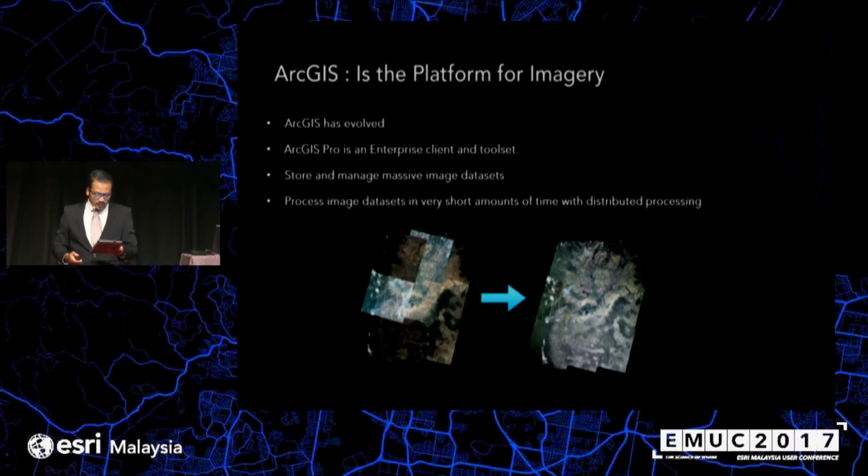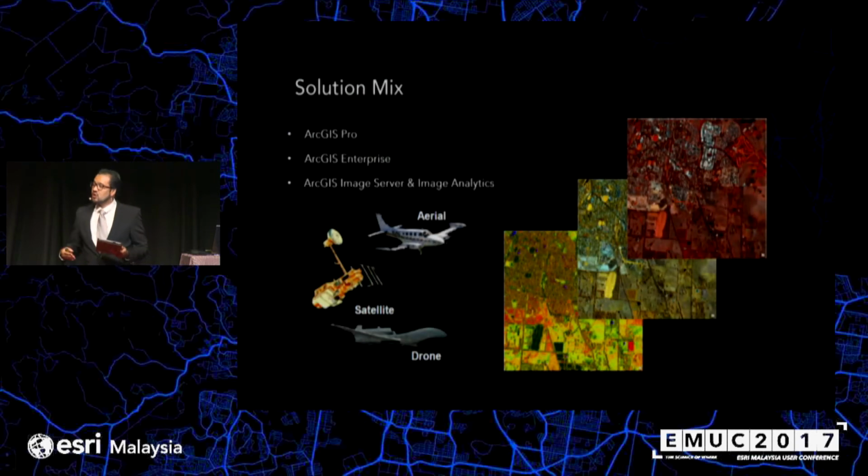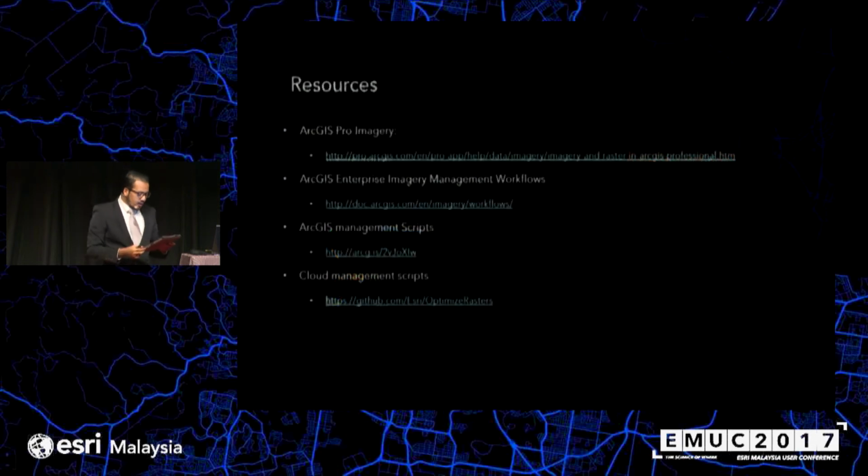In this solutions mix, we saw ArcGIS Pro and ArcGIS Enterprise for web services, and also the image server. There are a lot of resources available on the web now that can help users produce valuable information from imagery.